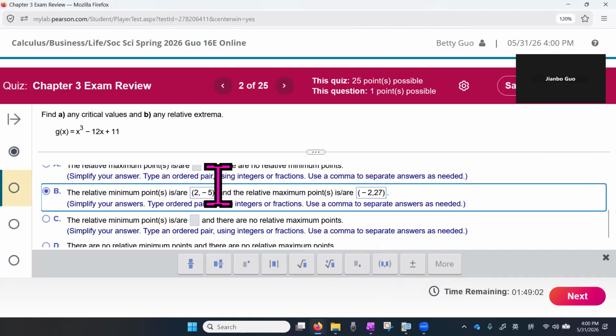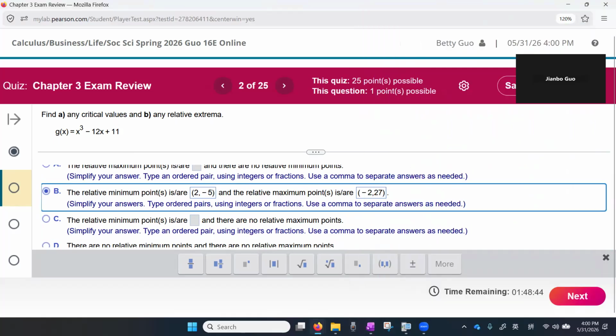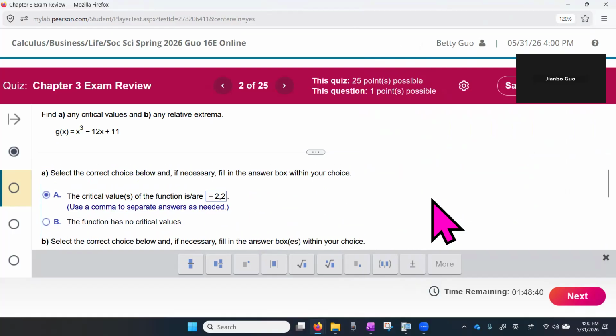But I don't strongly recommend that because we are trying to apply calculus to solve these problems, right? So minimum -5, maximum 27. All right, this is question number 2.